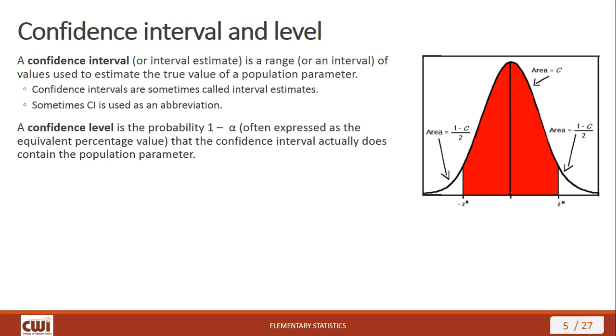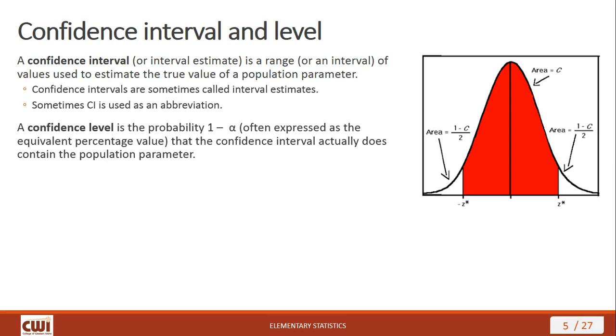The confidence level can be however we want, and it's equivalent to 1 minus alpha, where alpha is basically the area in the tail of your distribution outside the confidence level. So the central portion of the distribution, that area under the curve, is going to be our confidence level, and then alpha will correspond to the area in the tails outside that central area.